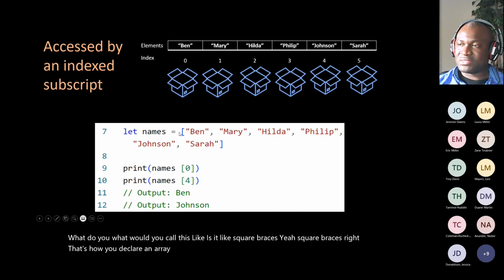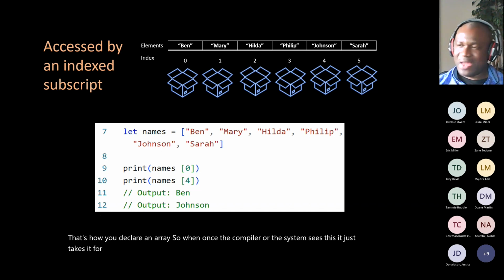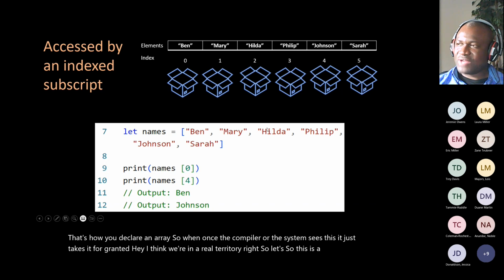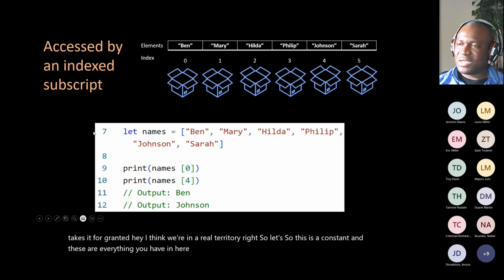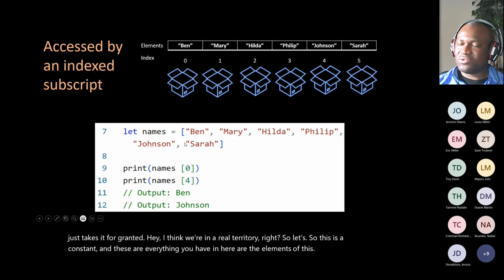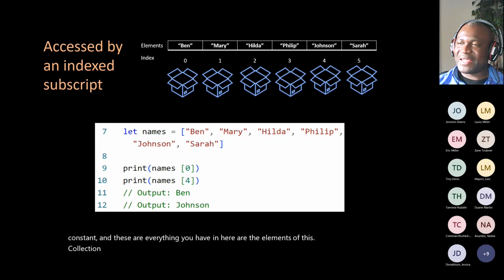Once the compiler or the system sees this, it takes it for granted that we're in array territory. So this is a constant, and everything you have in here are the elements of this collection. An array is an example of a collection, and I'm going to talk a little more about the different kinds of collections in the next slide.